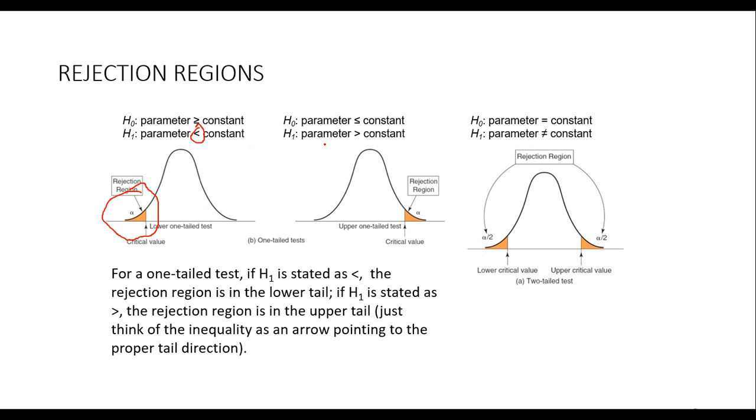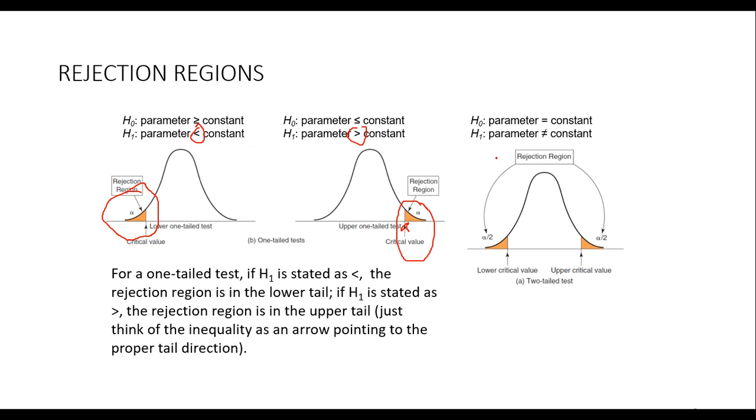So if the sign in the alternate hypothesis is more than, then it's an upper one tail t test, and the rejection region is shown by alpha, and this is the critical value. Anything that lies in this region calls for rejection of the null hypothesis.